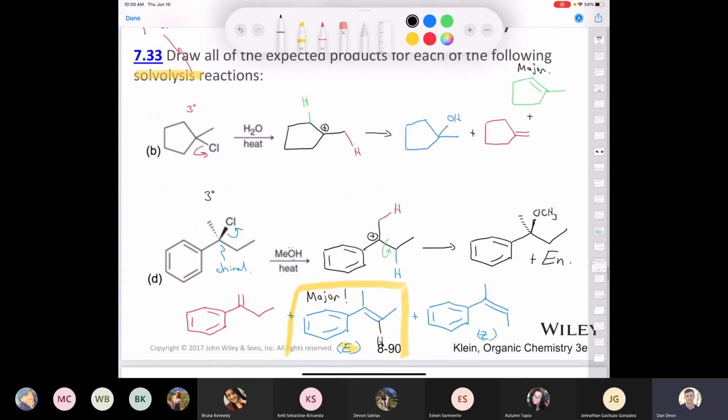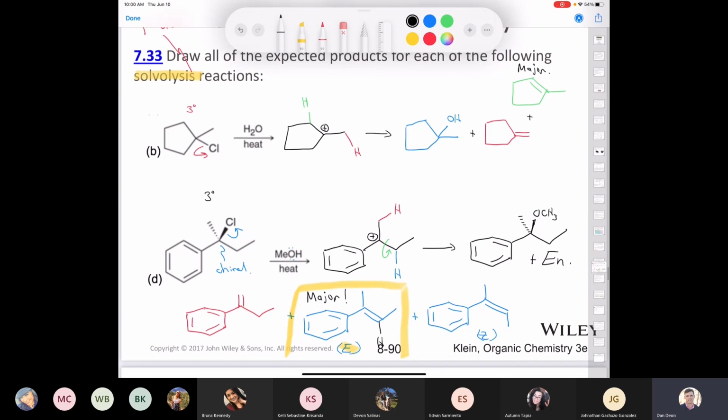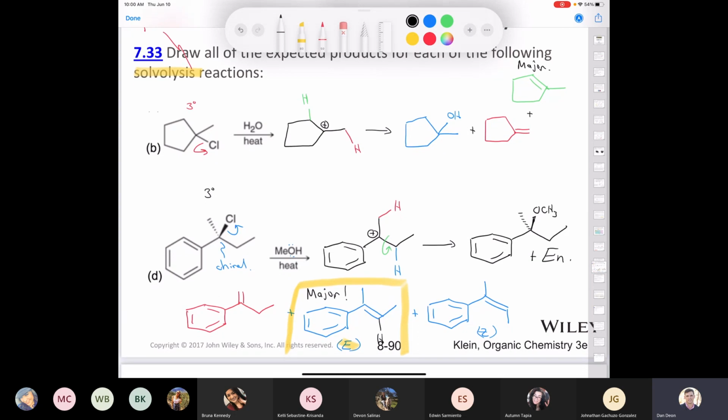Okay, so what I was hoping is that by me explaining it to you step by step, and I know we're just learning it, you would see, okay, I'm going to evaluate my substrate, my reagent. It's going to be a solvolysis. I make a tertiary carbocation. It's trigonal planar. The methanol can come in and attack either face of the molecule. I get 2 enantiomers. I got 2 types of beta protons.